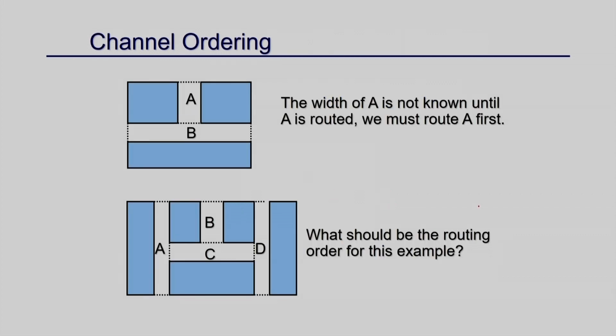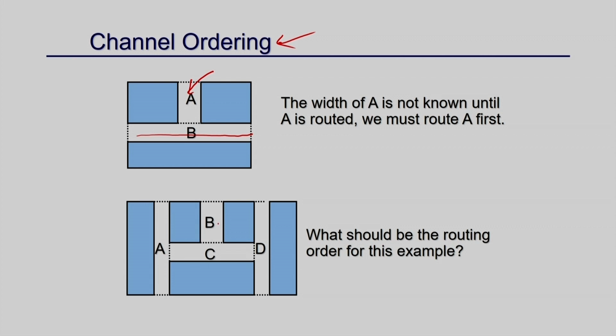Okay. So as I mentioned, one important concept here is channel ordering. Suppose I have to decide the width of this. If I do not know the width of A, I cannot decide the total width of B, right. So I have to decide A first and then B. But in some scenarios there may be circular dependency.